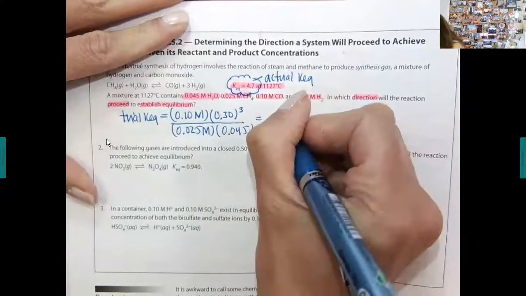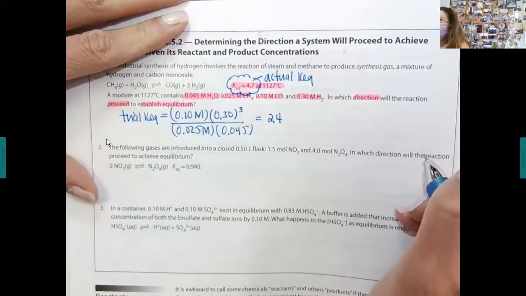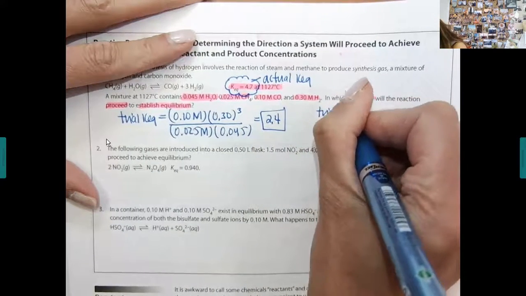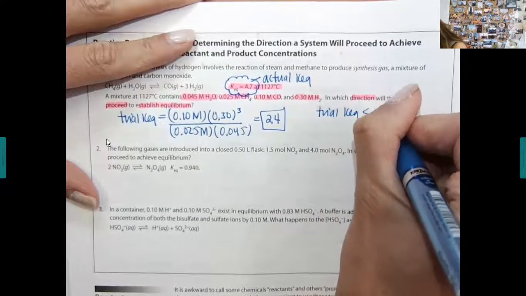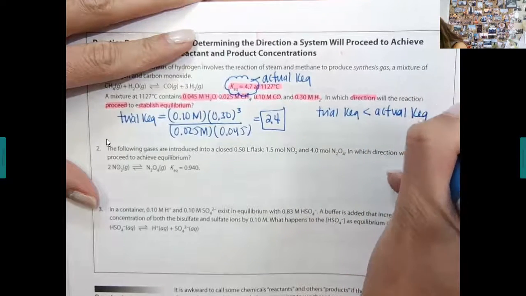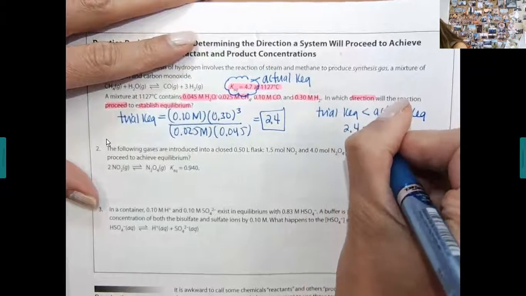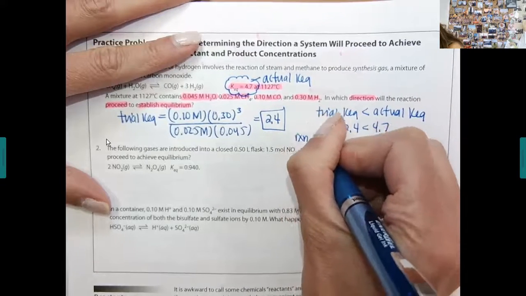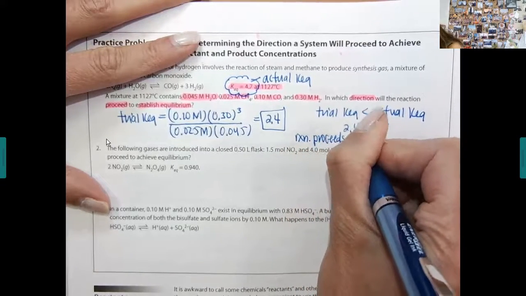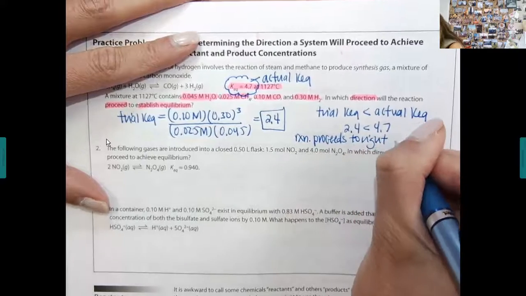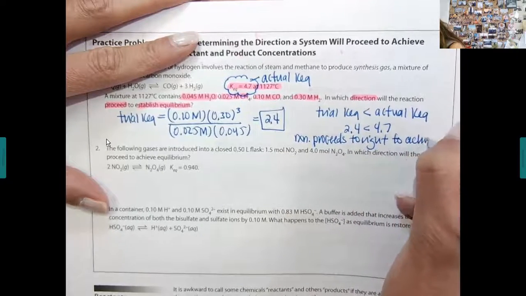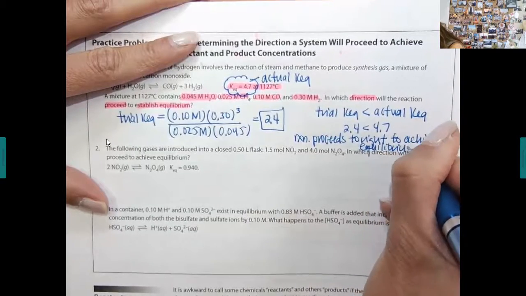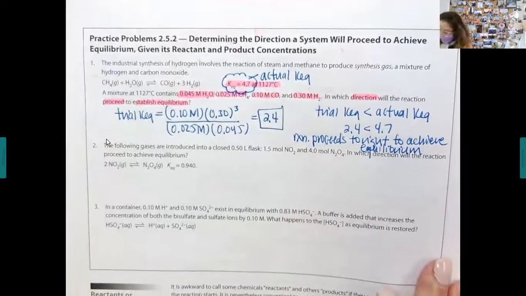This is going to end up giving you 2.4. Now, since the trial KEQ is less than the actual KEQ, your 2.4 is less than 4.7, that means the reaction proceeds to the right to achieve equilibrium.